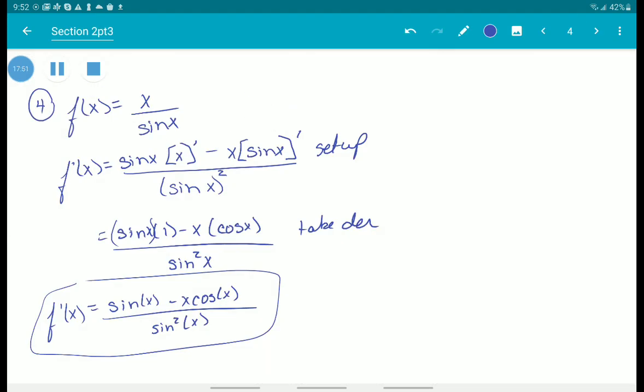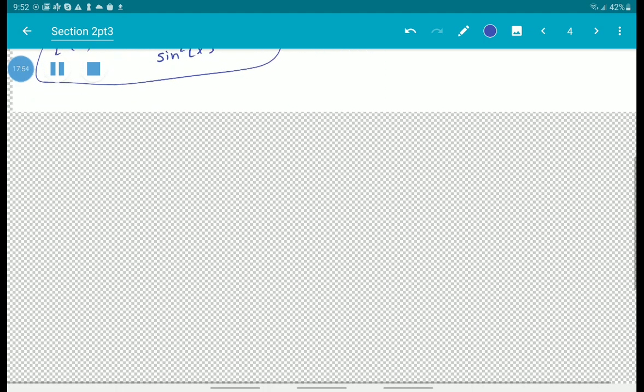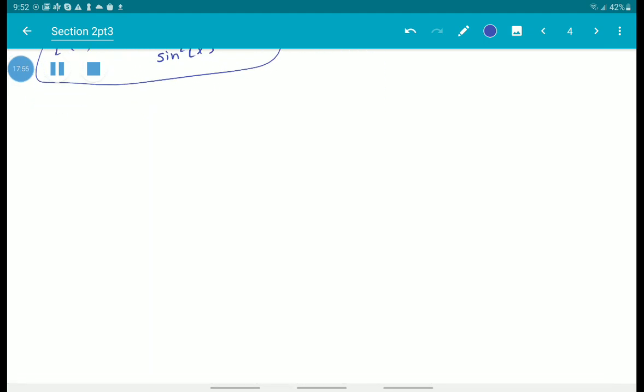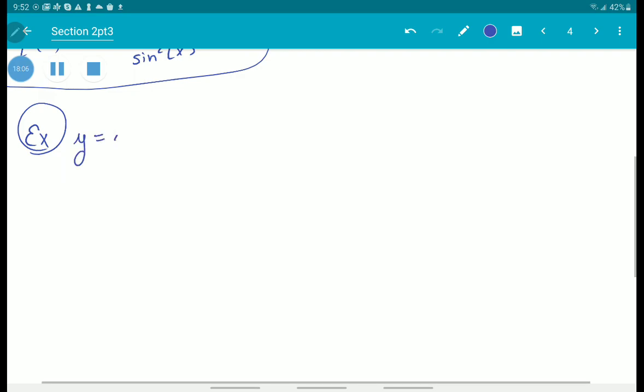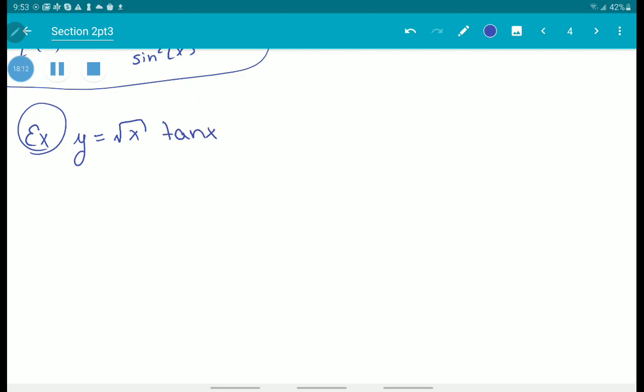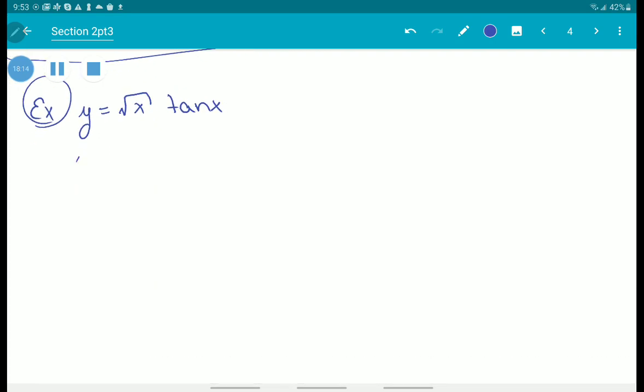So let's look at another example. Let's say we wanted to take the derivative of square root of x times tangent of x. This would be a product rule.